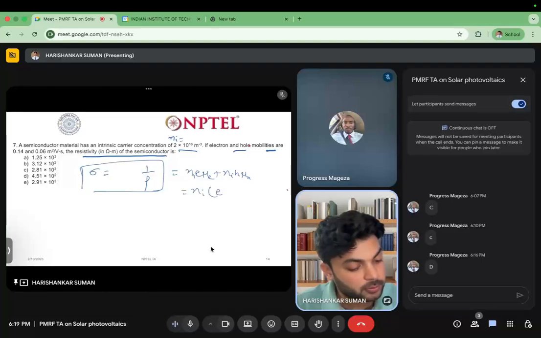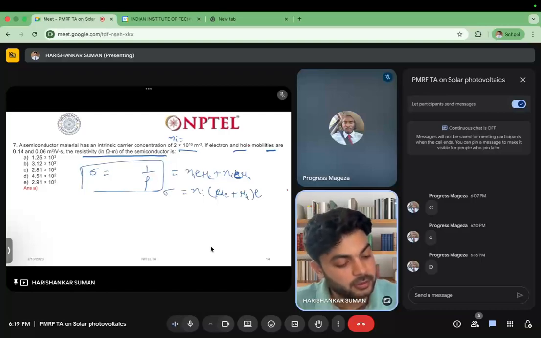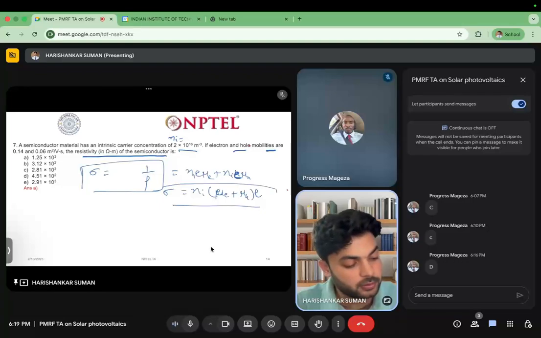The charge of electron and hole is the same. Just put e, mu e plus mu h, and n. This is the conductivity, and resistivity is just the reverse of this. Are you aware of this equation? So see the solution.